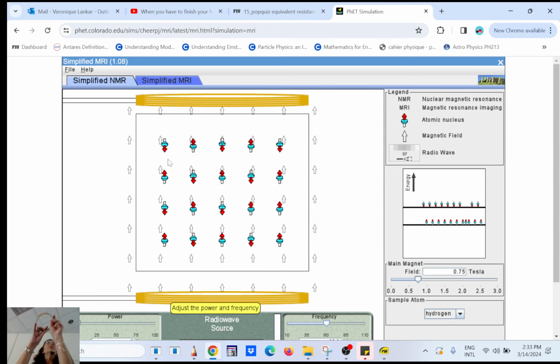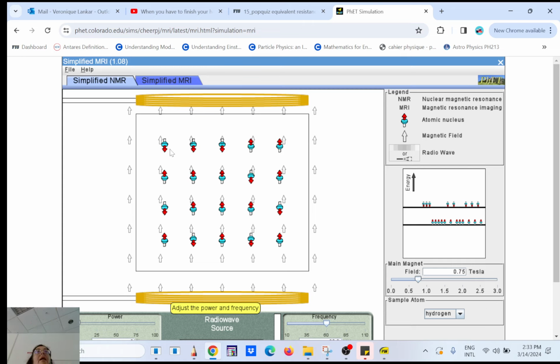Do you agree? So those nuclei, those protons, they actually spin. Because they spin like a top, they will behave like a current loop, a loop of current, right? So those little tops will behave like a small magnet. That will be the north and that will be the south.